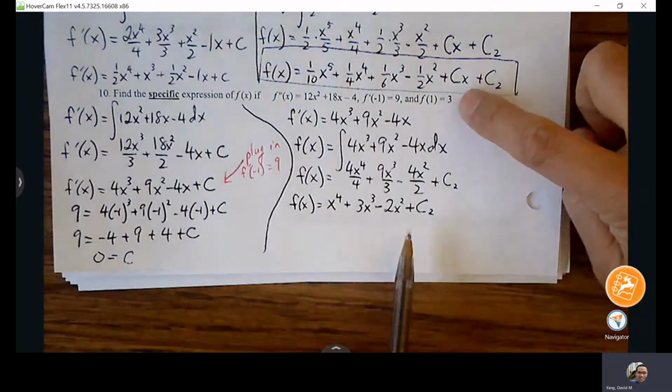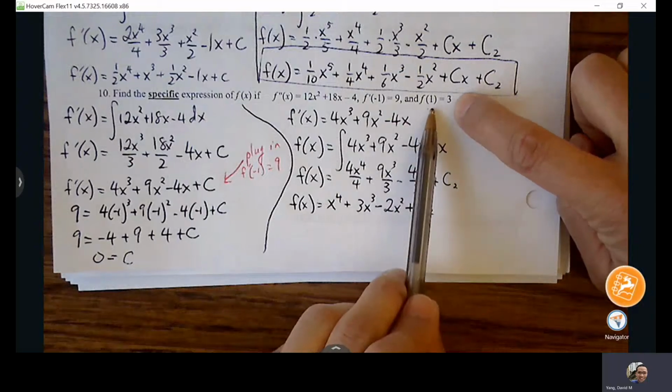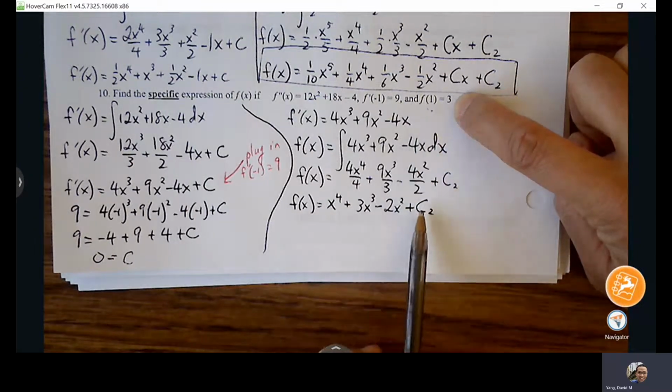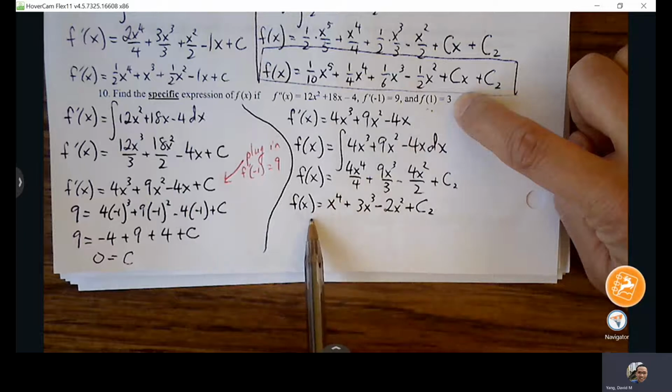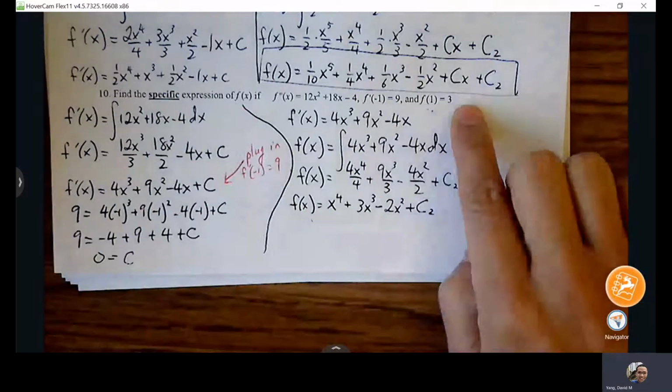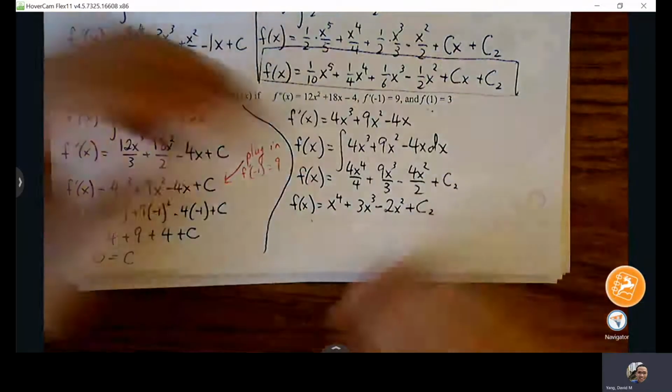Okay, my second c value shows up. I can find my c value using my ordered pair at the f of x level. That's where I am now. 3 goes in for y, 1 goes in for x.